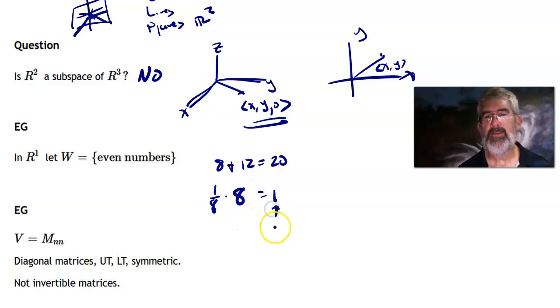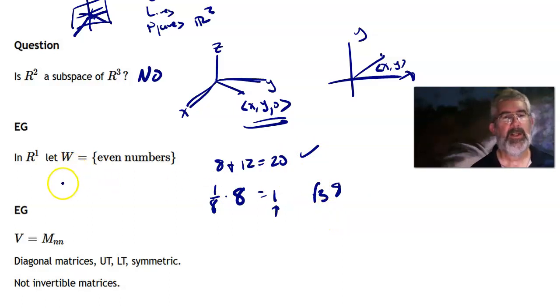But 1 is not an even number. So scalar multiplication is not closed. In fact, you get even worse by just multiplying by the square root of 3 or something like that. You don't even get an integer, right? So although it is closed under addition, it is not closed under scalar multiplication, and this is not a subspace.